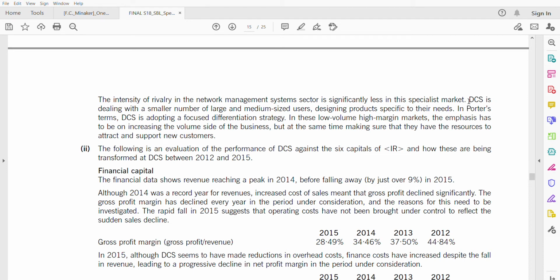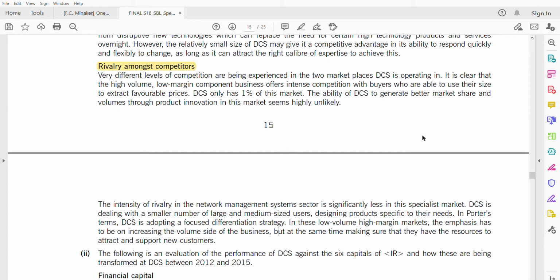In Porter's terms, DCS is adopting a focused differentiation strategy for a niche market. In this low volume, high margin market, this is the opposite of the first one. The first one was high volume, low margin. This one is low volume, high margin. So the emphasis has been on increasing the volume side of the business, but at the same time, making sure that they have the resources to attract and support new customers.